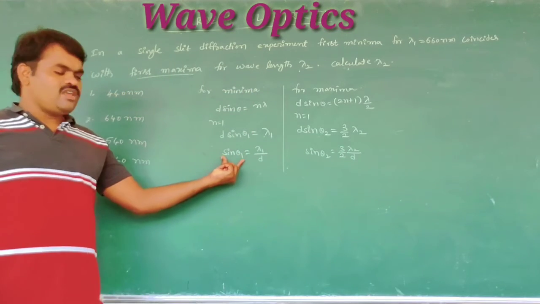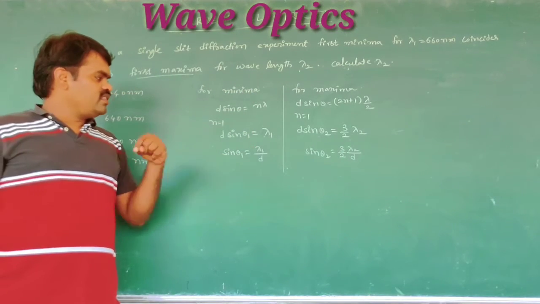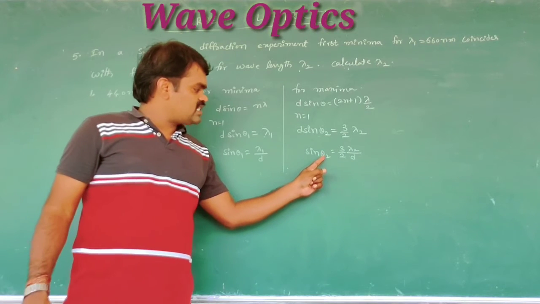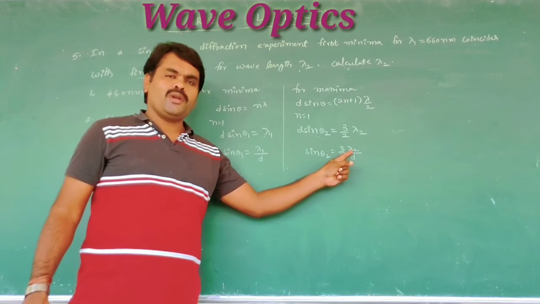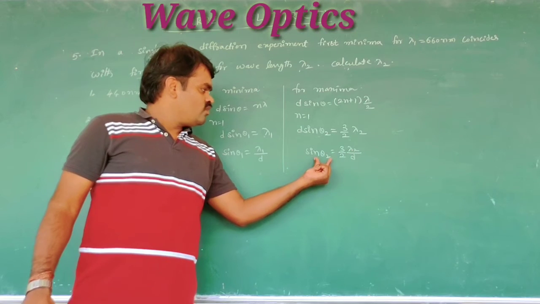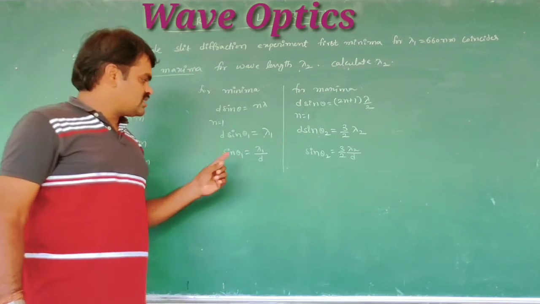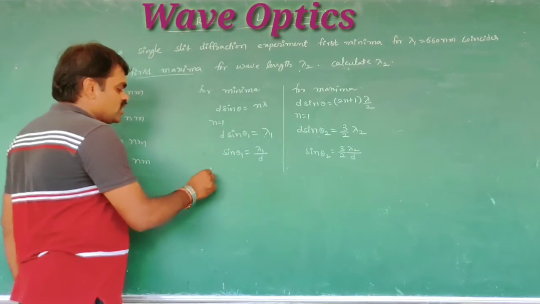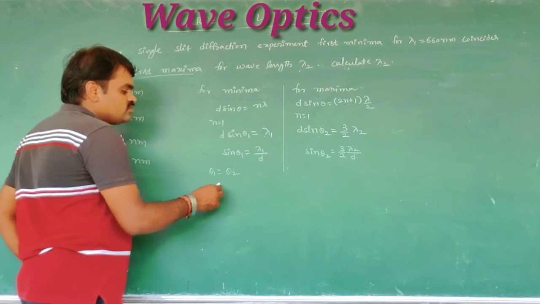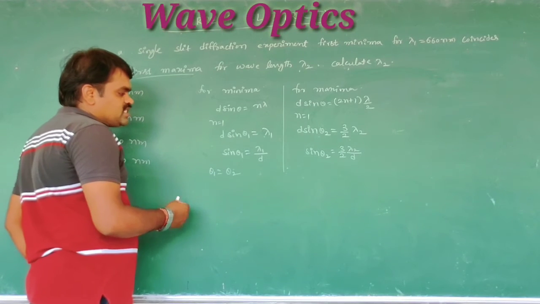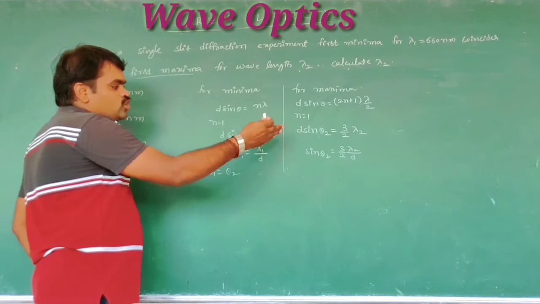The first minima of the lambda 1 wavelength and the first maxima of the lambda 2 wavelength coincide, which means the angular positions are equal. Theta 1 is equal to theta 2, so sin theta 1 is equal to sin theta 2.